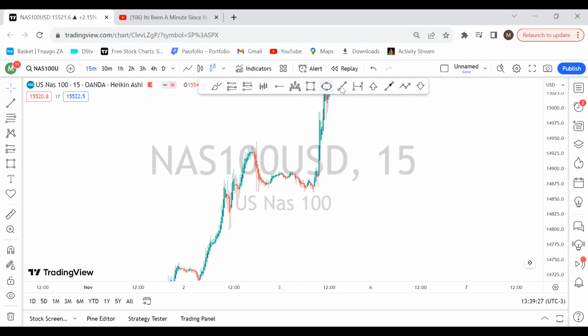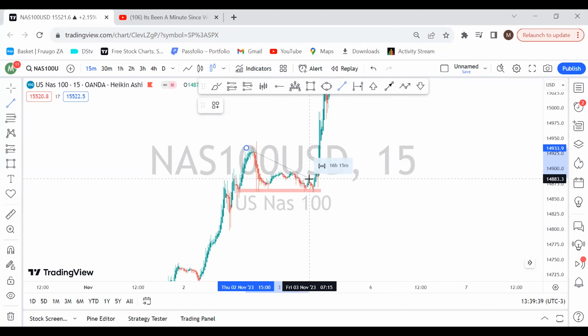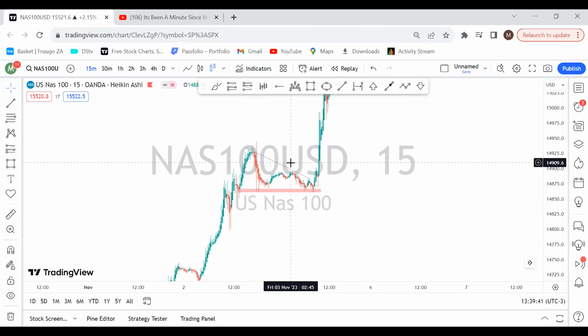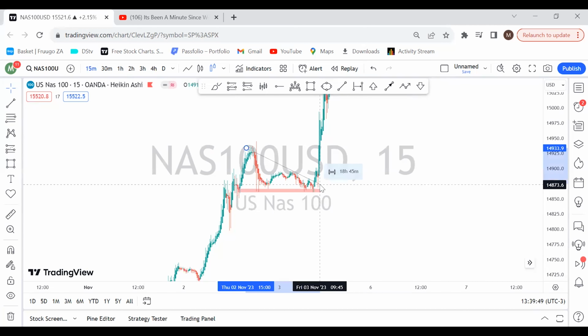And the same concept works. So if you obviously point out your support, and then this is not necessary, but you can also get your resistance. But then in the case of a buy, the resistance doesn't really matter unless you want to trade breakouts to the upside.